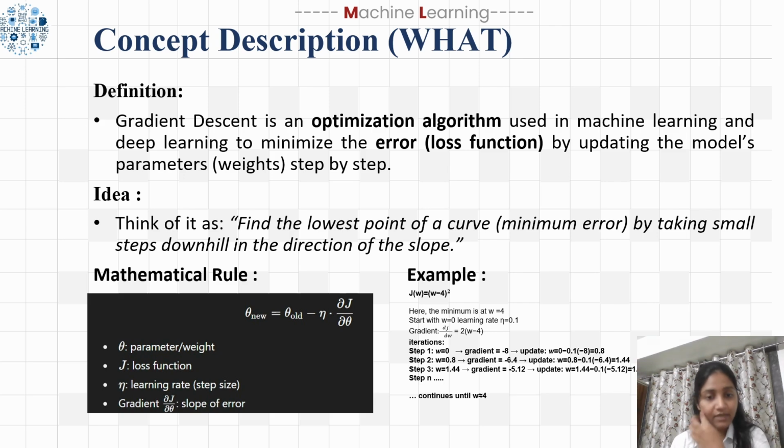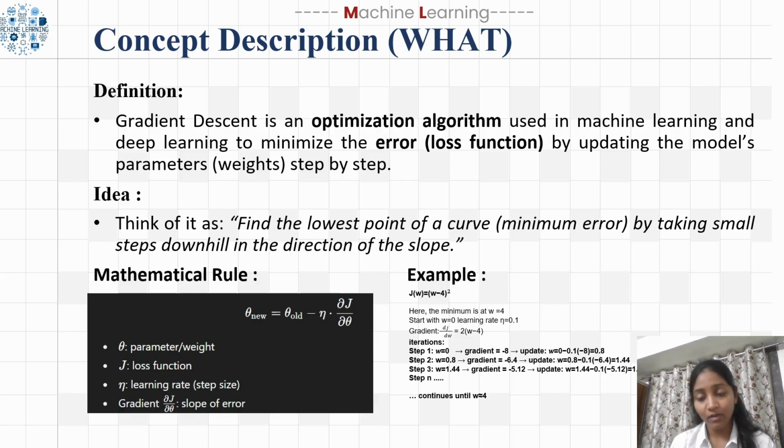Here is the mathematical intuition of how we adjust these weights. In deep learning, when we do backpropagation, we adjust the weights, and by adjusting them we get minimum error. So theta new is equal to theta old minus eta into the derivative of J with respect to theta.